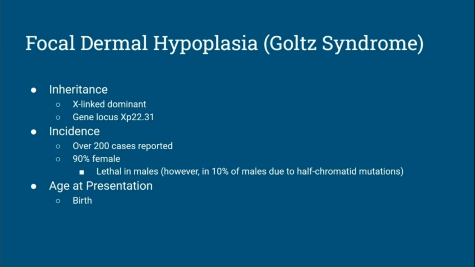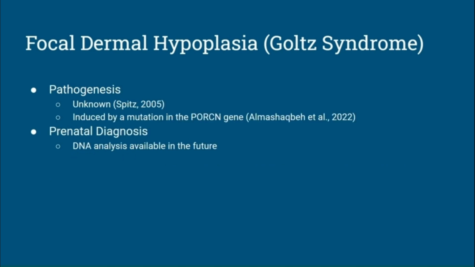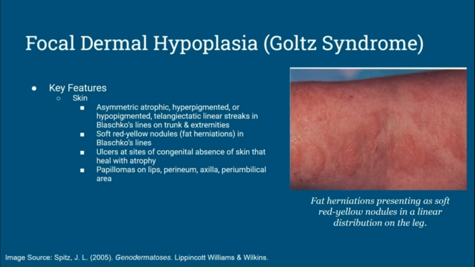It is 90% female because it is lethal in males, but some males might have a half chromatid mutation, so you can rarely see this in men, but mostly going to be females. Pathogenesis is mostly due to the porcupine gene, PORCN, and we can diagnose this now with DNA analysis.